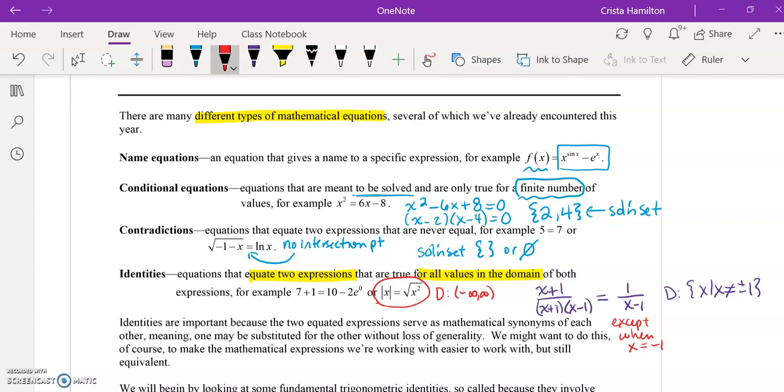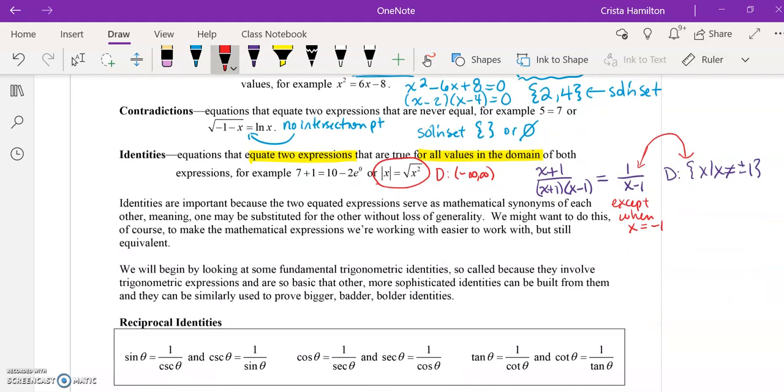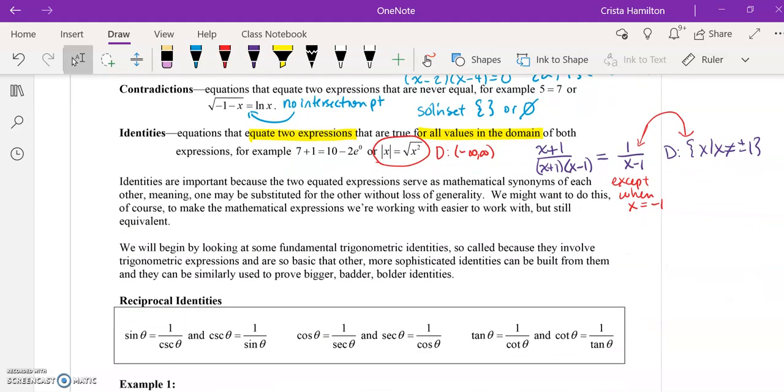But when x is negative 1, the original is undefined, but the simplified version is defined, and so that's why we had to put the exception in. But in general, we could say that this is true on its domain for the equation. So identities are important because they're two equated expressions that serve as synonyms of each other.